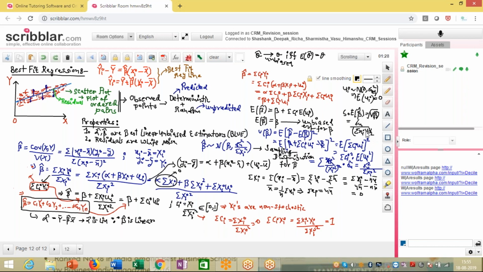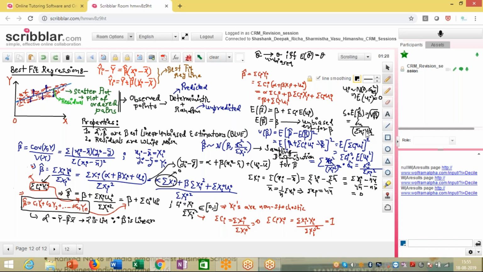So we prove that. Right from there, we compute the variance. Now, once we have computed the mean and the variance of the beta hat, we obtain the sampling distribution of beta hat. So from here, we can say that beta hat that we have estimated through the OLS estimator is a statistic. It is not just a simple estimator.